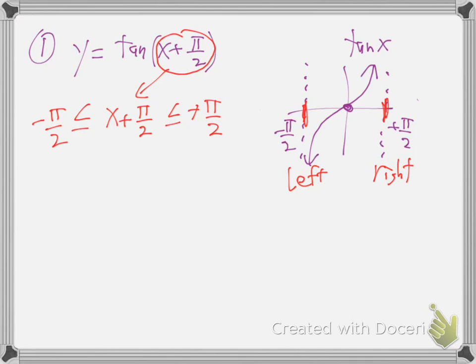That's what we have to find. Is that making sense? Whatever x values make that inside become negative pi over 2 and positive pi over 2 give you these vertical asymptote lines.